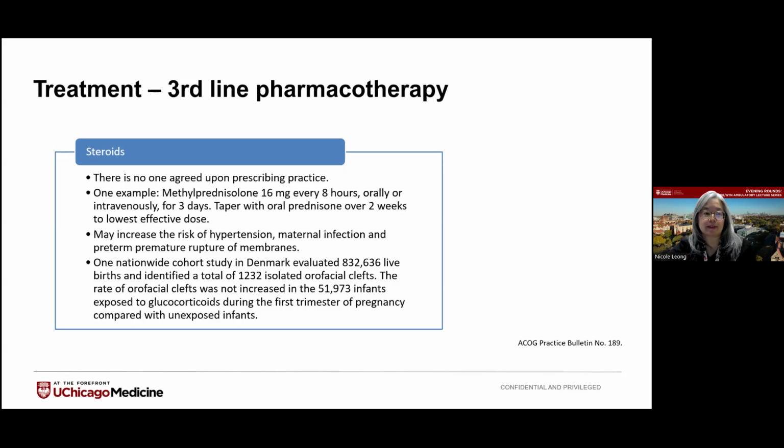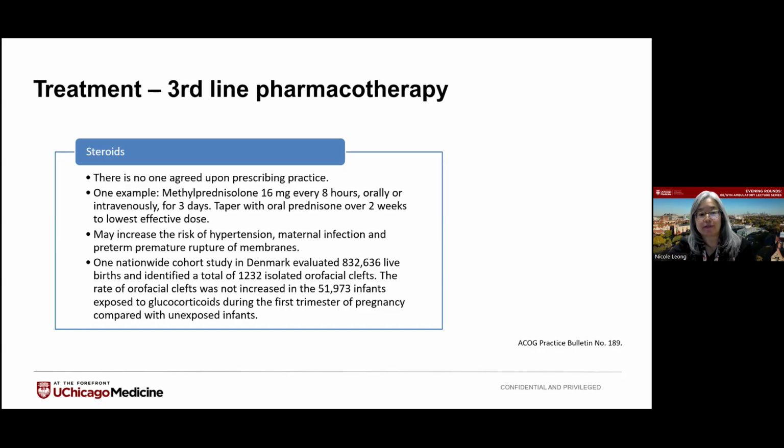Side effects of this treatment can include hypertension. It can increase our risk of maternal infection when someone's on steroids, and it has been associated with preterm premature rupture of membranes as well.